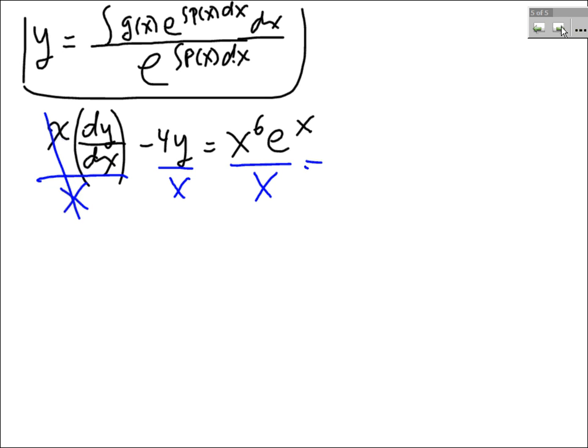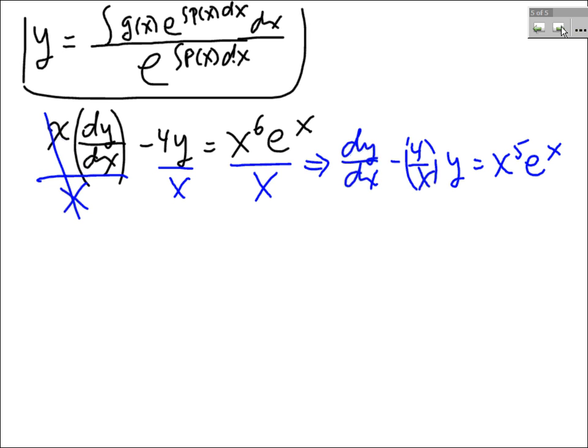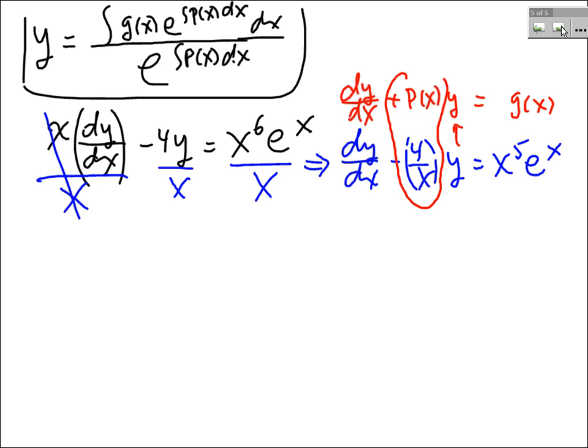This gives me dy/dx minus 4 over x times y equals x to the 5th e to the x. Remember, I want it to look like dy/dx plus some function times y. That's why I isolated it, and the right side equals g of x. So p of x, including a negative sign, is negative 4 over x. And g of x is that function.